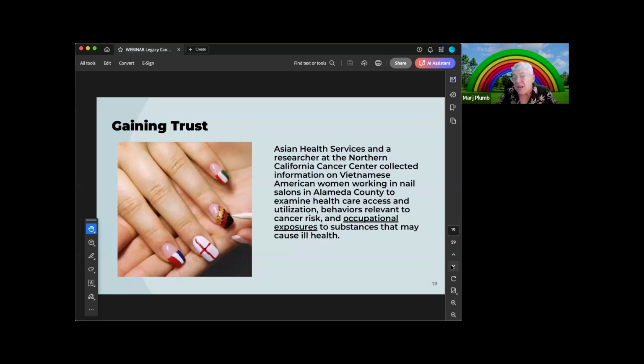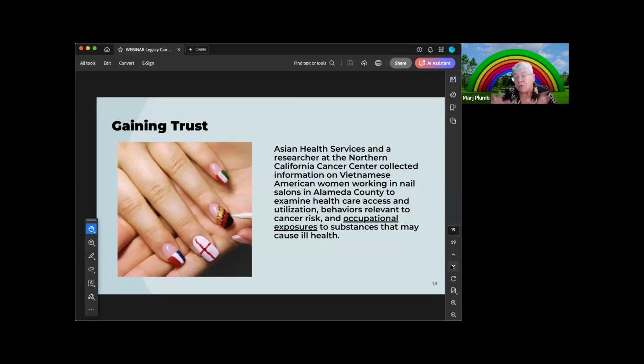So making this a CBPR project really allowed the nail salon workers, the nail salon owners, and the researchers to work together to figure out how we can do this research to look at what the occupational exposures are in a way that won't harm the nail salon owners, won't harm the nail salon workers, or make them feel that they're a threat to disclose their personal information.